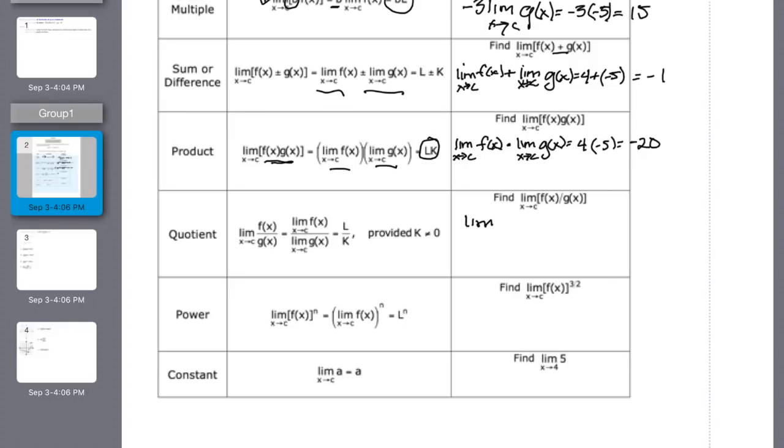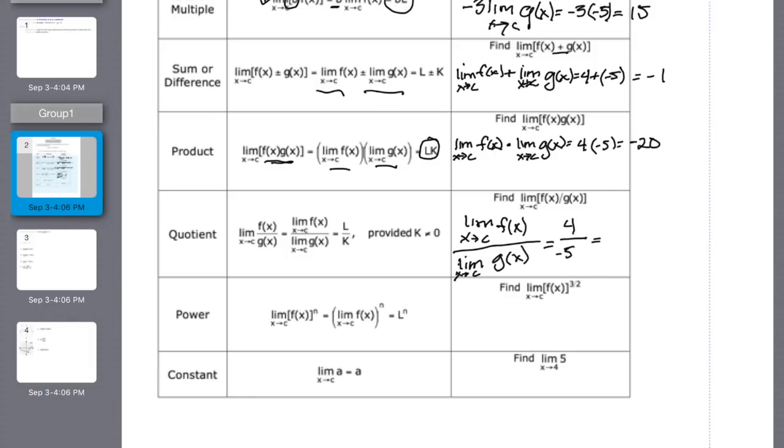Limit as x approaches c of f of x over the limit as x approaches c of g of x. Independently, of course, we know f of x to be positive 4 from above, g of x to be negative 5.